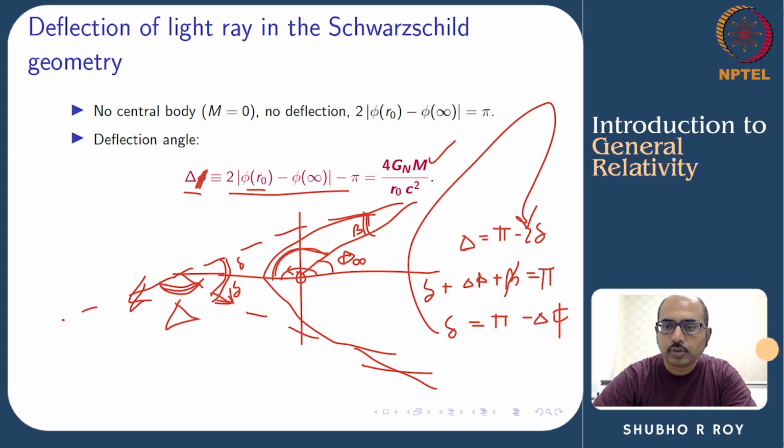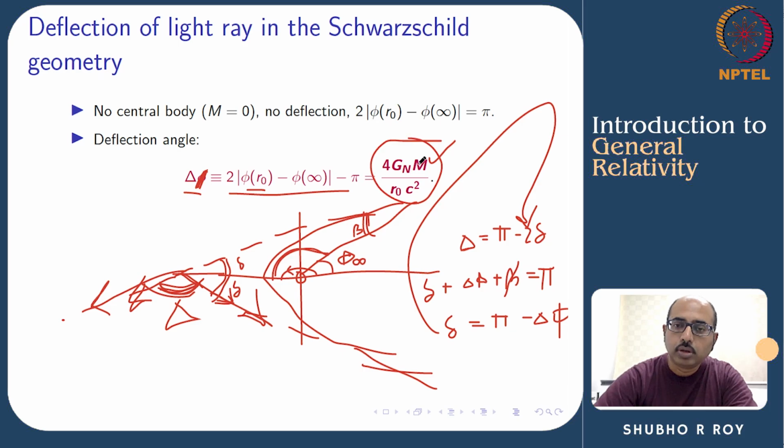All right, so with a little bit of Euclidean geometry, you should be able to see that the deflection angle delta, which is the angle between the original intended direction and the actual direction due to the gravitational pull of the planet or star, is given by this quantity, which we worked out to leading order to be 4GM divided by r0 c squared.